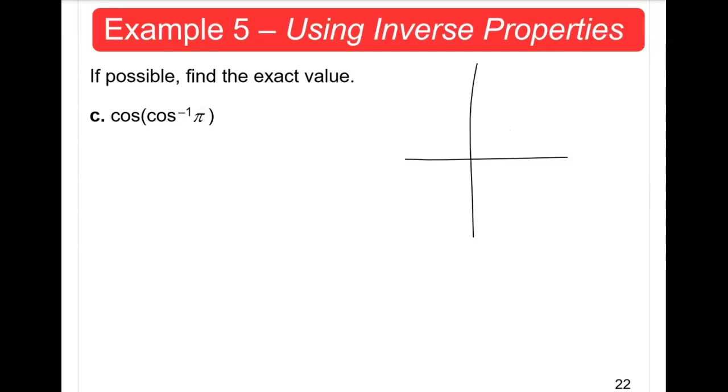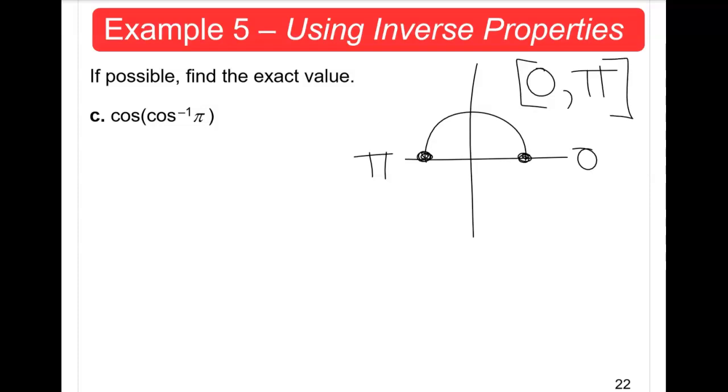We actually used from 0 to pi, and we included 0 and pi. So in terms of an interval, our restriction was from 0 to pi, including 0 and pi.